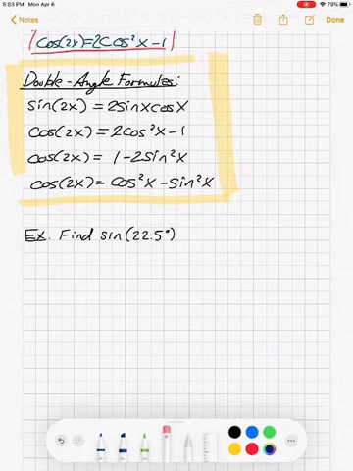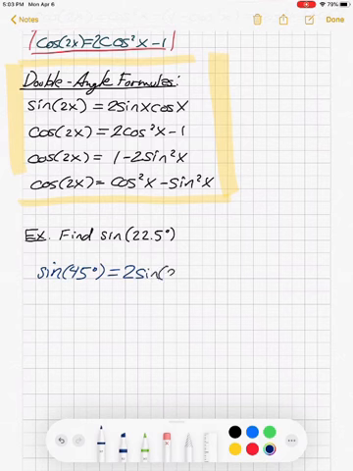But actually, if you set that formula up, look what you get. Sine of twice 22.5, sine of 45 degrees, is 2 sine of 22.5 degrees cosine of 22.5 degrees.